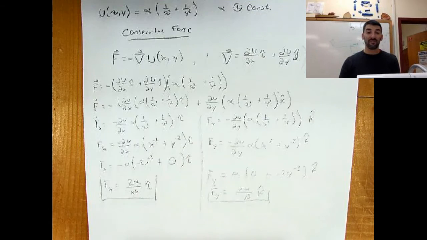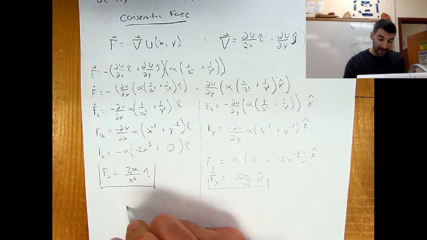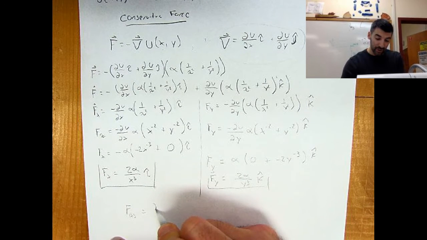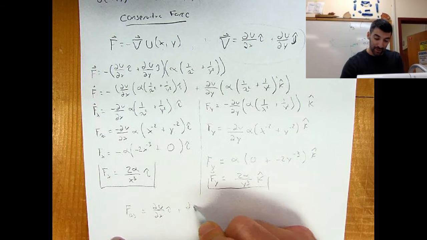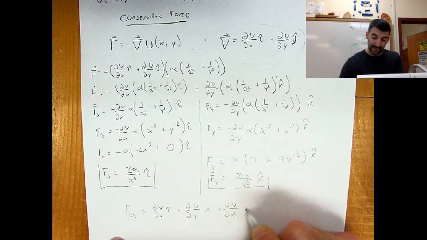So now my force, because I need to add it all, right? If we remember, my force from last was the partial derivative with respect to x I hat plus partial derivative with respect to y k hat plus partial derivative with respect to z j hat.